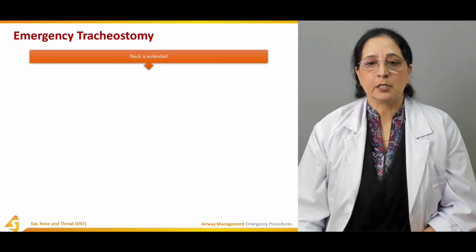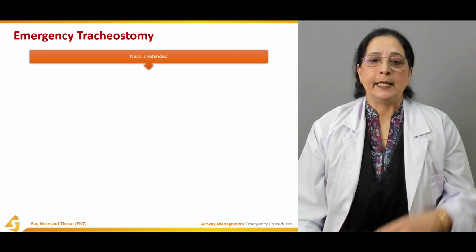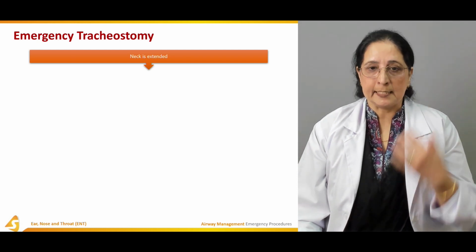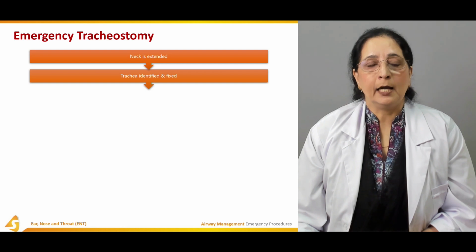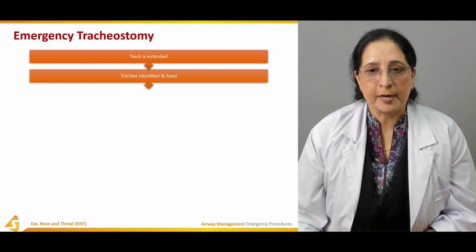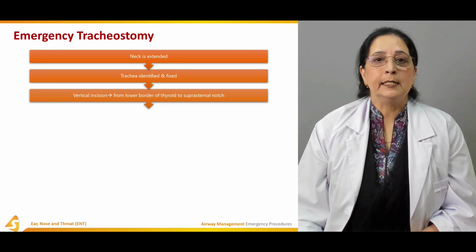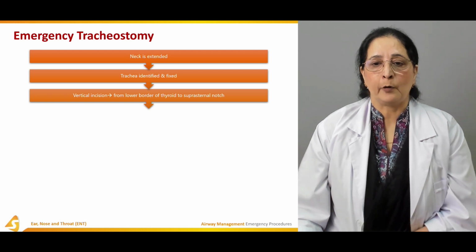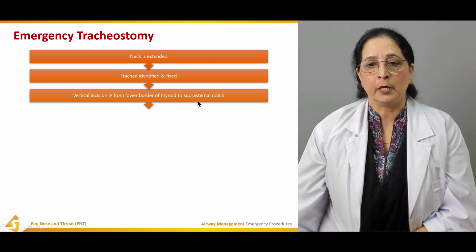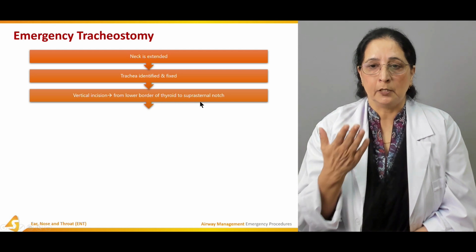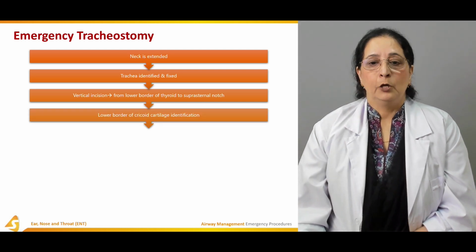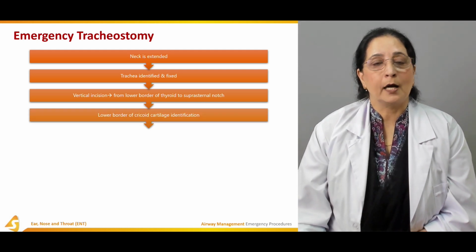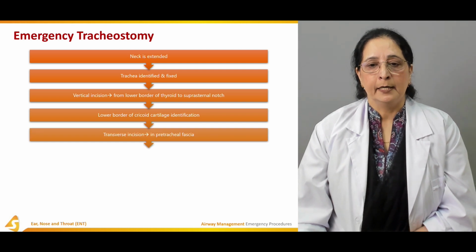Emergency tracheostomy, neck is extended. Now the steps: the neck is extended, trachea identified and fixed. A vertical incision is given from the lower border of the thyroid to the suprasternal notch. The lower border of the cricoid cartilage is identified.